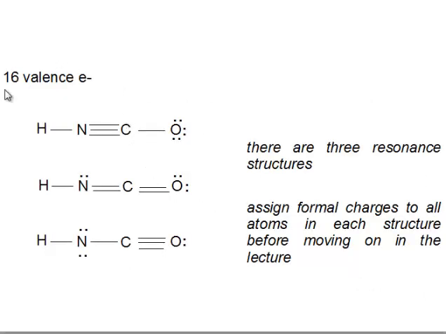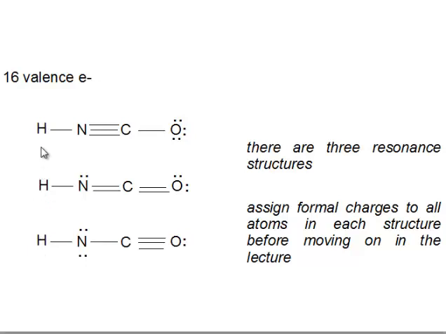When you add up the valence electrons, there are 16. And there are 3 ways of putting 16 valence electrons into the structure, satisfying the octet rule for each atom. 2, 4, 6, 8, 10, 12, 14, 16 electrons in this structure, and you'll find 16 electrons in these 2 other structures as well.